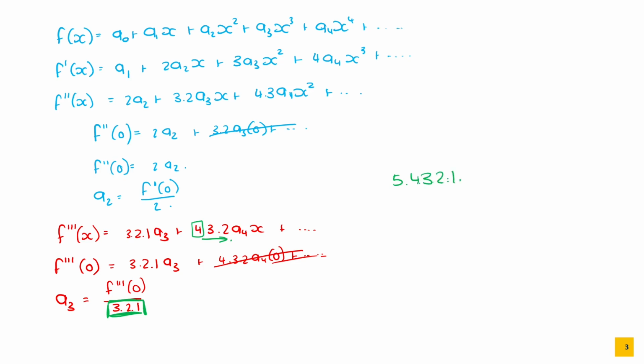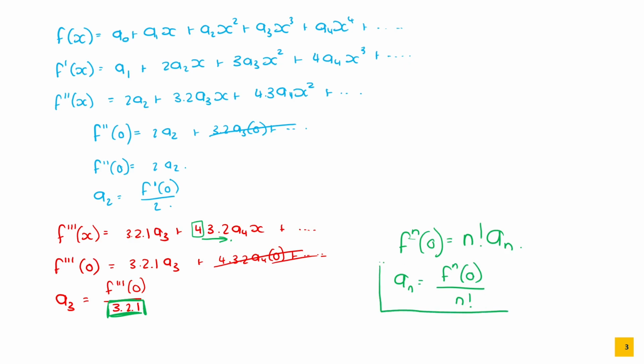And that is the factorial. So we have a pattern occurring that the nth derivative at 0 is equal to n factorial times a_n, which gives us that a_n is the nth derivative divided by n factorial. So that's where we get our generalized coefficients from.